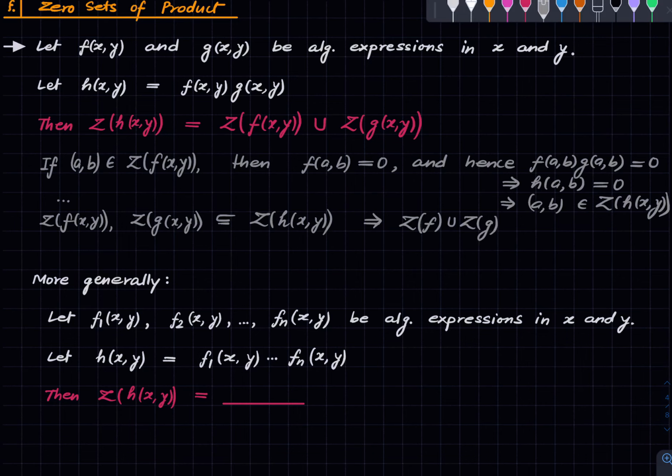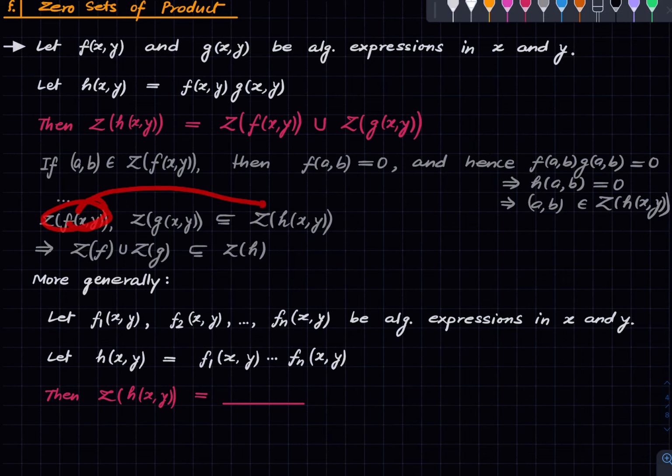So the union of the 0 sets is contained in the 0 set of h. So if you have a subset contained in something and another subset contained in the same thing, their union will be contained in the same thing. So that's what we are using.